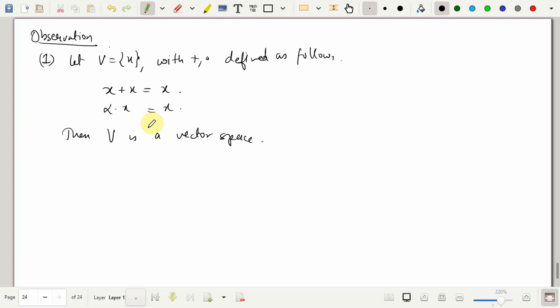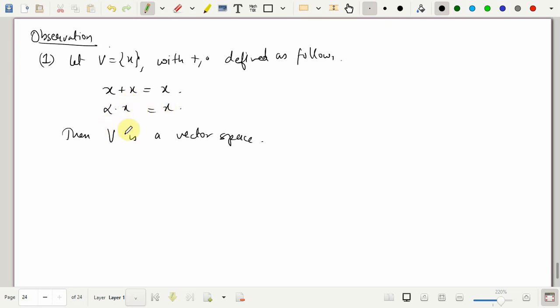Which says that this x has to be a zero element. Now the zero element in a vector space is not the natural zero that we are talking about. It can be a non-zero element in a simple set, but in a vector space it is called the zero element. Similarly we want alpha times x to be the same as x. That will happen provided this x is the zero vector.